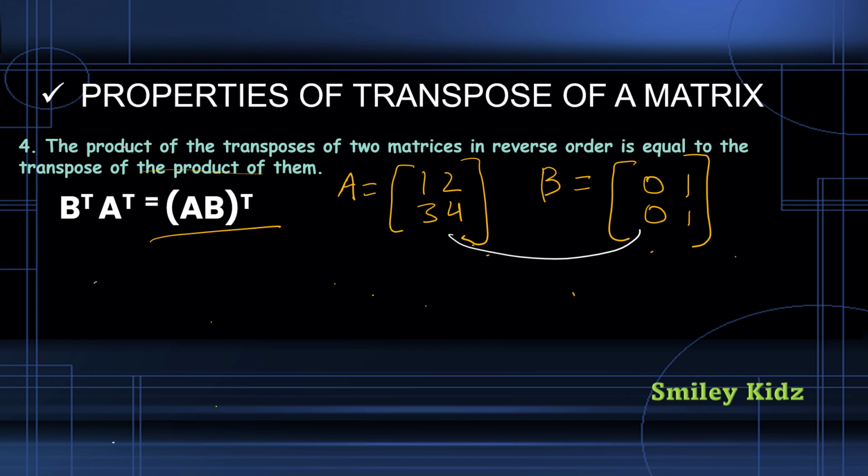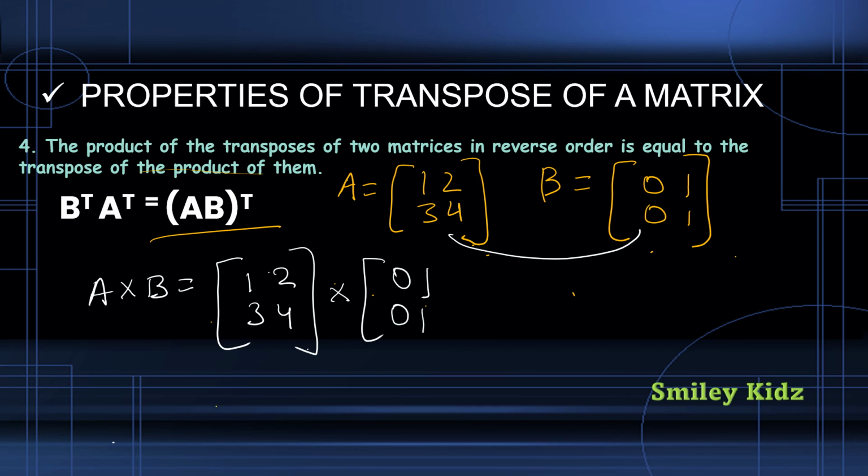Fine. So A into B will be [1, 2, 3, 4] into [0, 1, 0, 1]. Let's take the first row and multiply with the two columns. So 1 into 0 plus 2 into 0.